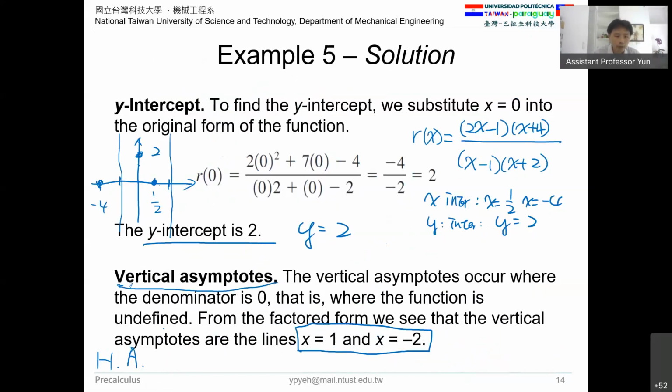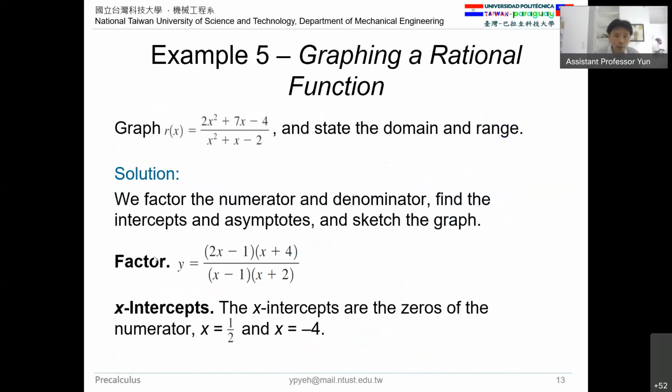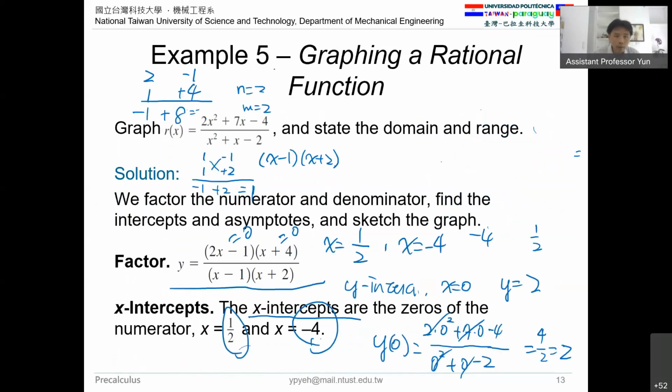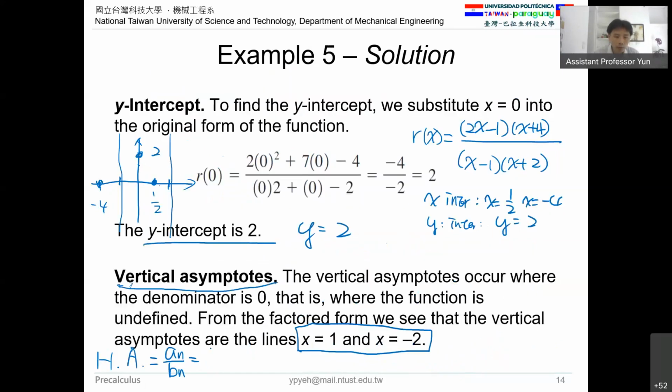So we know that when the degrees of the numerator and the denominator are the same, the horizontal asymptote will equal an divided by bm, where an will equal 2 and bm will equal 1 here, so that is 2 divided by 1, which equals 2.